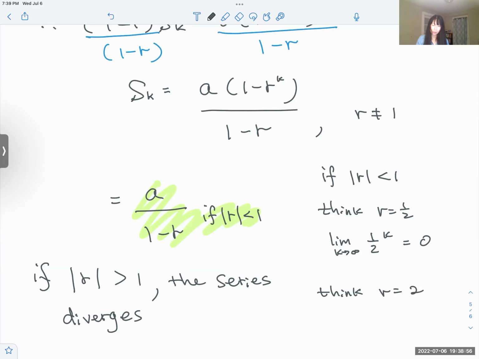If we have a 2, what do you get for this one? Infinity. It goes to infinity, right? That's why they say that. Make sense?